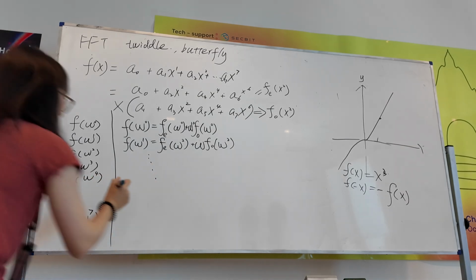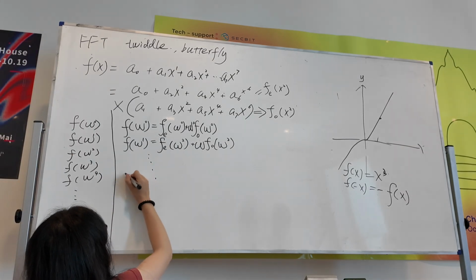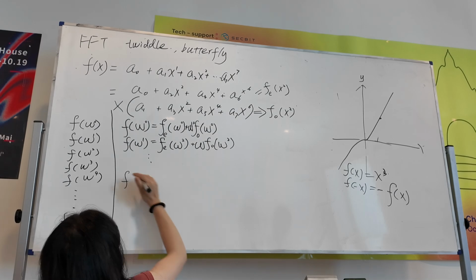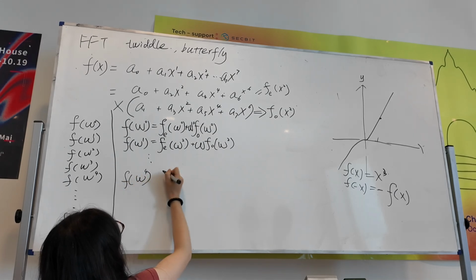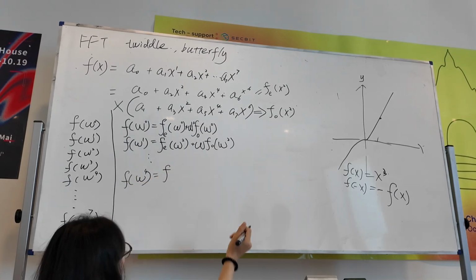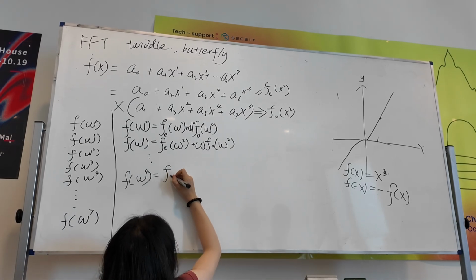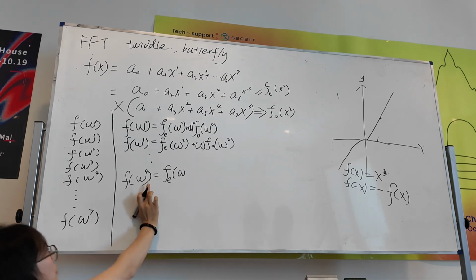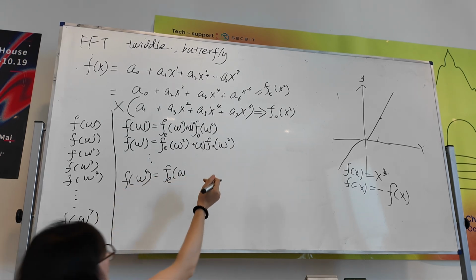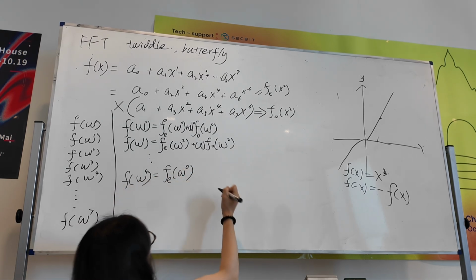Then I think I can ignore the others and come to f(omega^4). Here we start to use the trick we discussed before: f(omega^4), when you square it, becomes f even of omega^0, right?